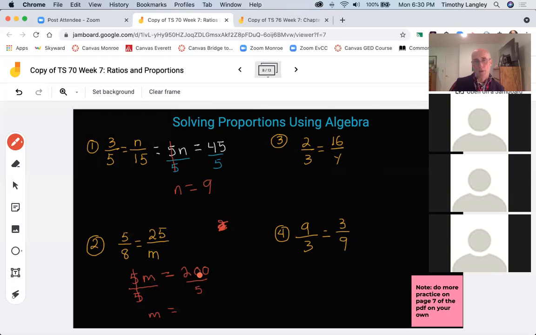And I've got 200, so that's twice as many, so that'd be 40. That's just how I did that math quickly in my head. 5 goes into 200 40 times. All right, I want you to take a moment on your own and try number 3. See if you can do that on your own.